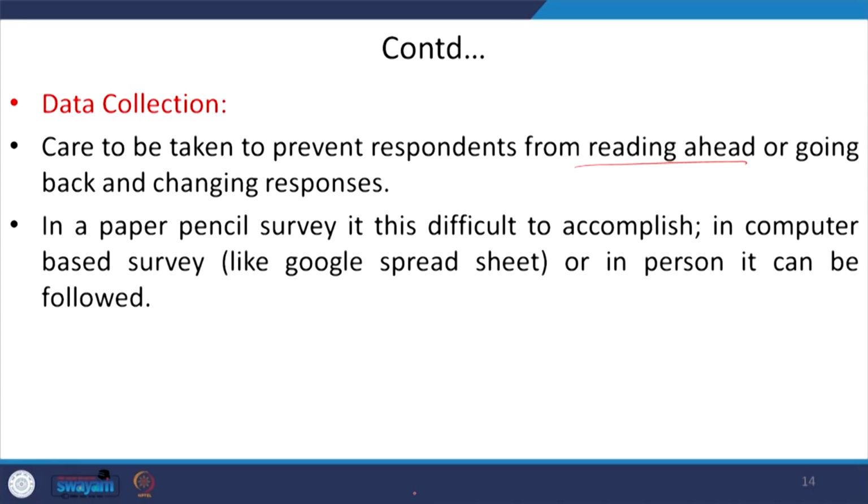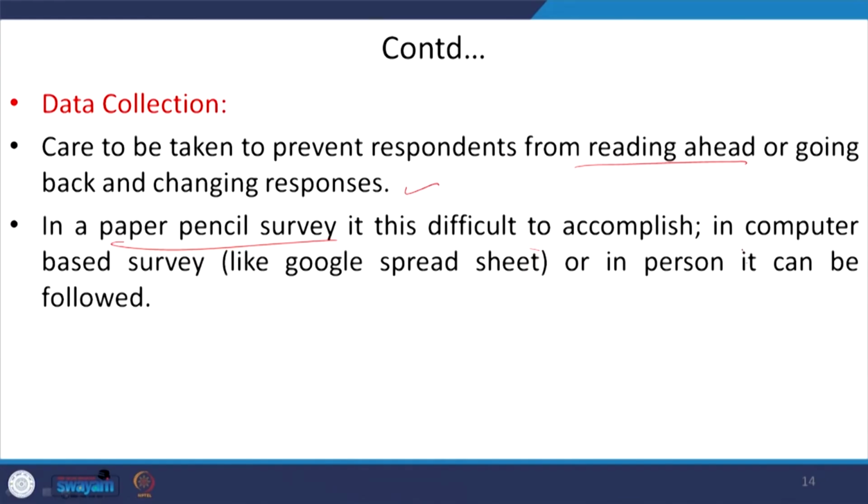However, this is very difficult in a paper-pencil survey, because the respondents write their responses directly corresponding to the questions posed, and they have the liberty to go back and forward in this questionnaire set.